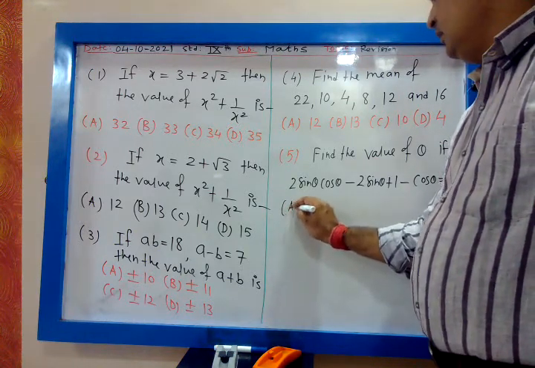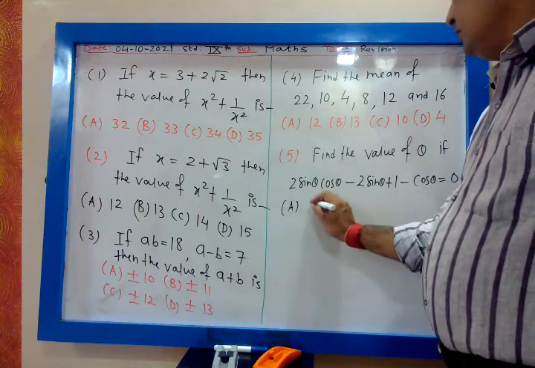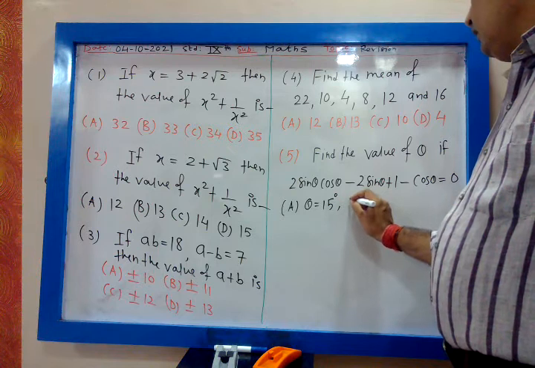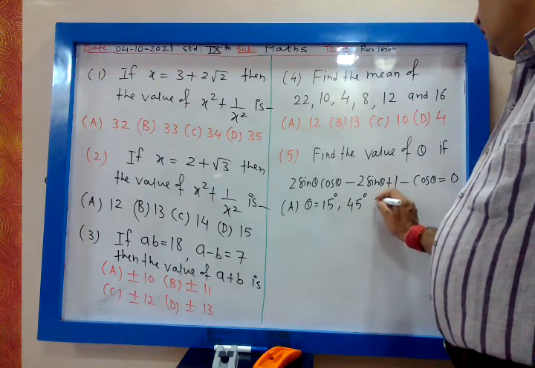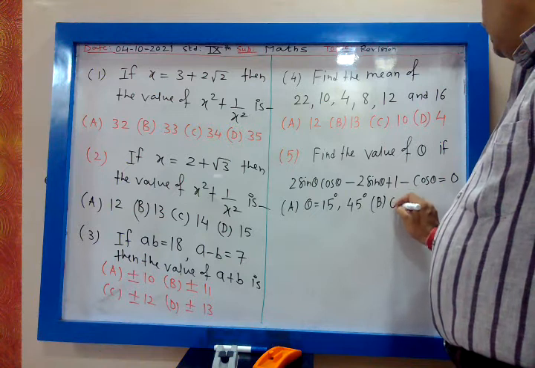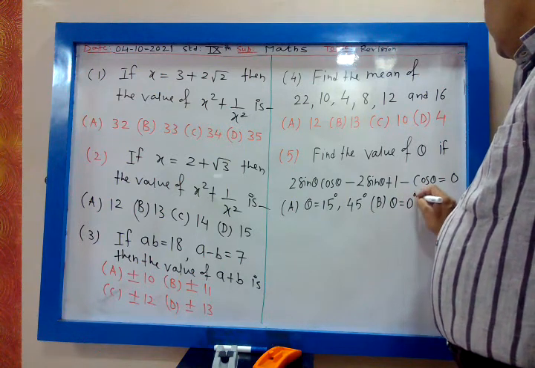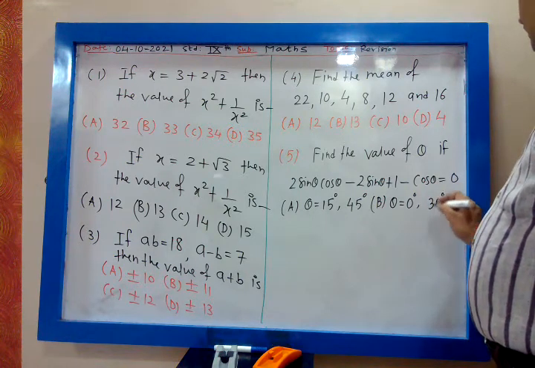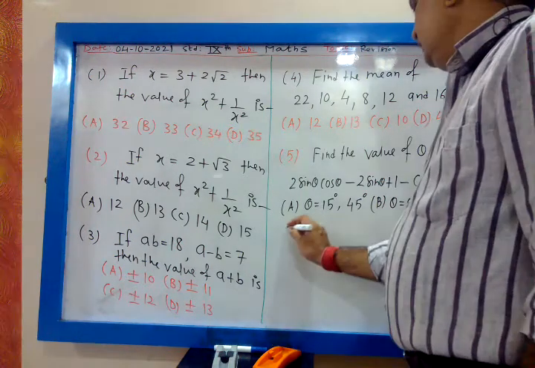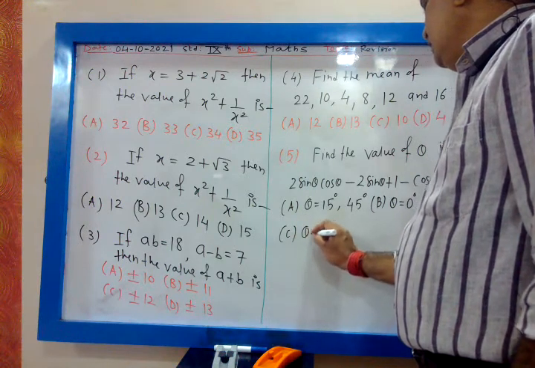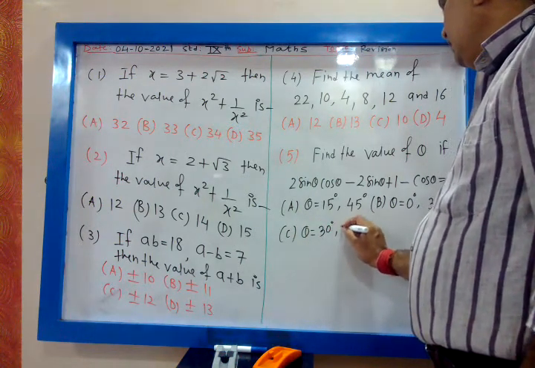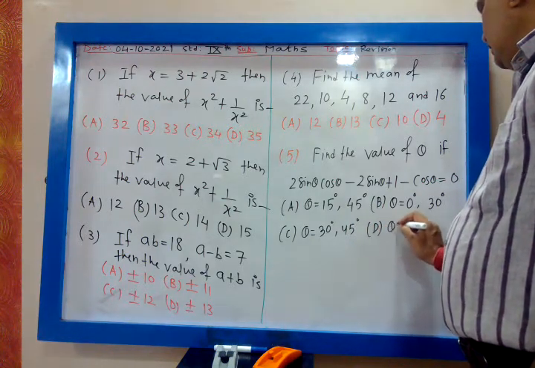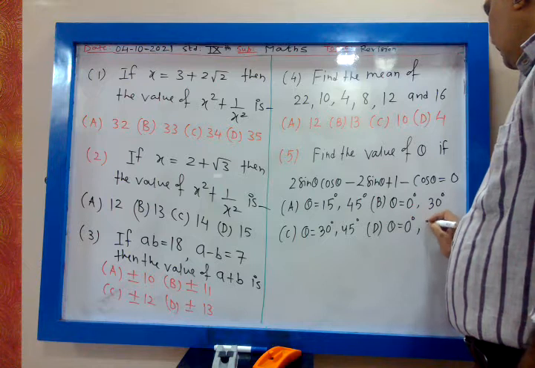Option A, theta is equal to 15 degree and 45 degree. Option B, theta is equal to 0 degree and 30 degree. Option C, theta is equal to 30 degree, 45 degree. D, theta is equal to 0 degree and 45 degree.